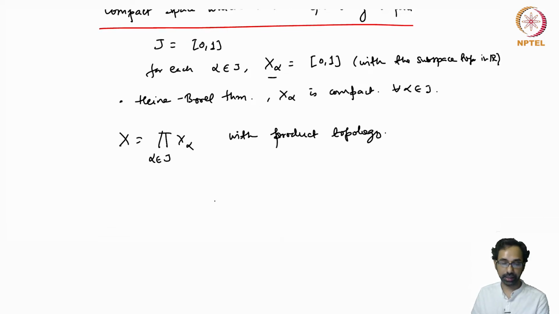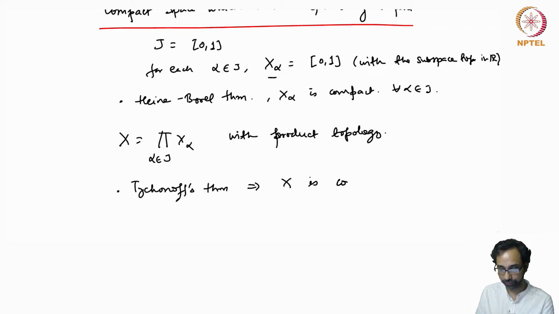Now Tikhonov's theorem implies that X is compact, because we have given it the product topology and each of the X alphas is compact. Tikhonov's theorem says that such an arbitrary Cartesian product with the product topology is compact when each of the X alphas is compact. So this is a compact space, and we will prove that X is not sequentially compact.